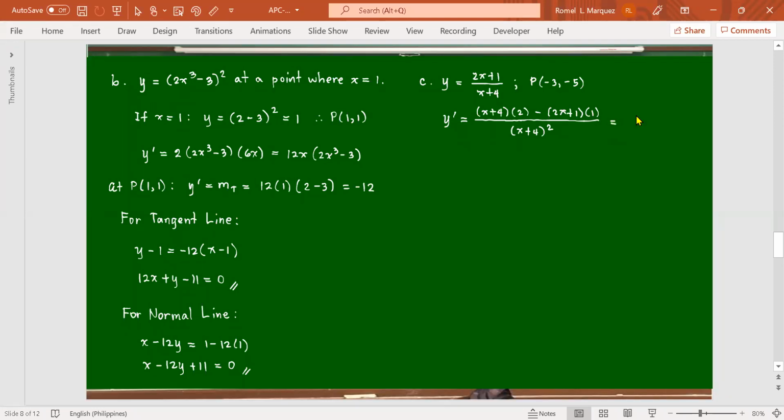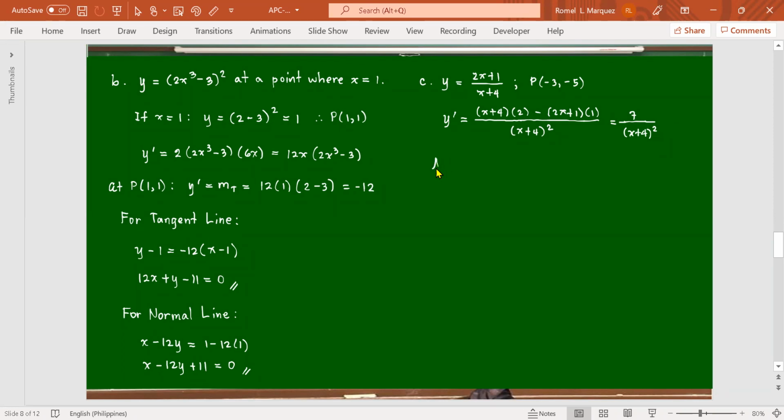Simplifying, we have 2x minus 2x 0, 8 minus 1, that is 7, over x plus 4 raised to 2.